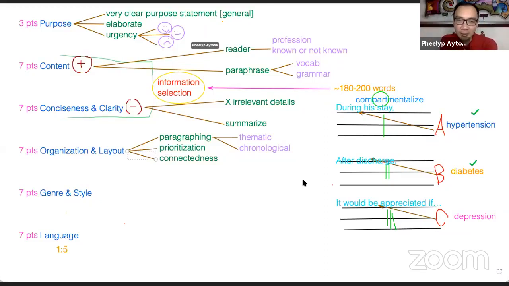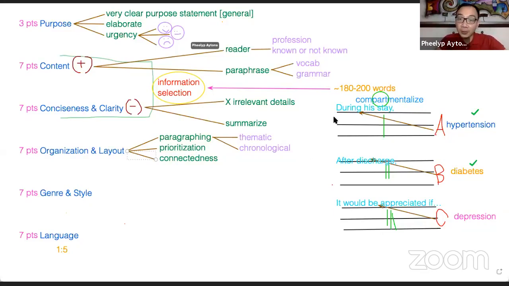The third aspect of organization and layout is connectedness, how they are related to one another. For example, bedroom. You put all the bedroom stuff in the bedroom, but it's possible that it's messy, not really well put together. So the relationship between the different ideas in your paragraphs must be clear.